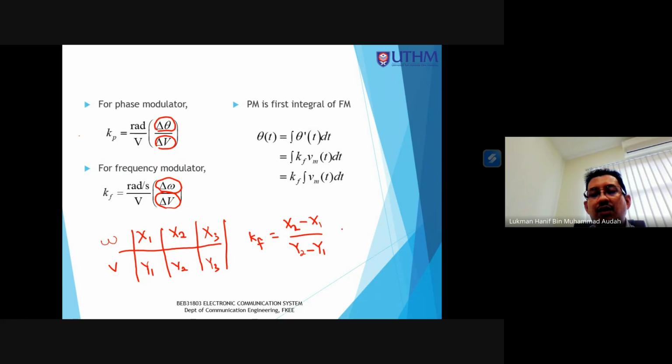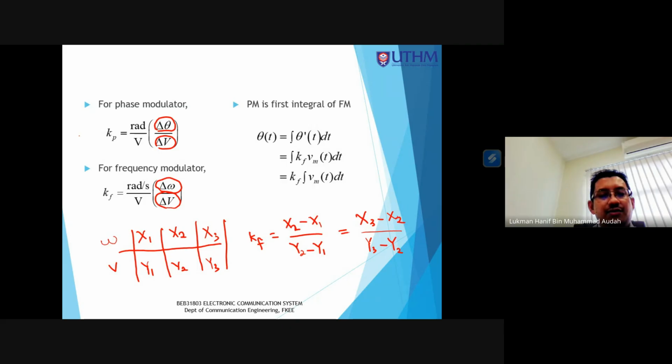Or you can also do x3 minus x1 divided by y3 minus y1. You can subtract with the adjacent value.